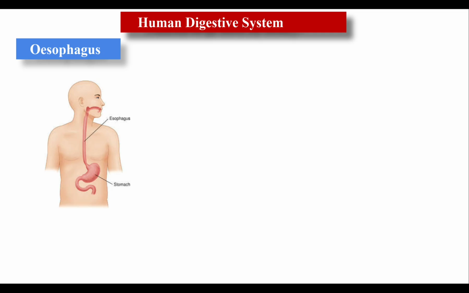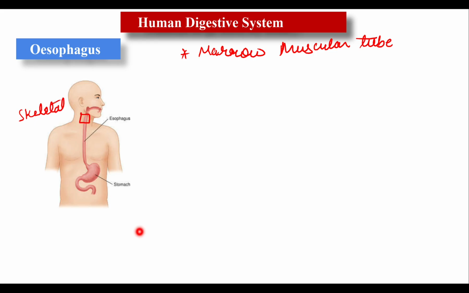Clear? So what is the esophagus? It is a narrow, muscular tube-like structure. Here also muscles are present. And the question is, which type of muscle? There are two types of muscle present. In the upper part, there is skeletal muscle.